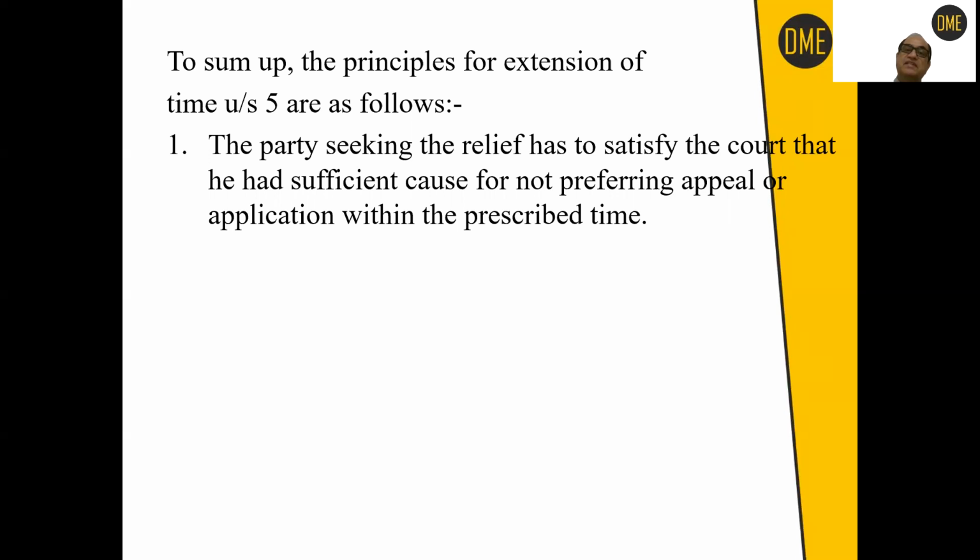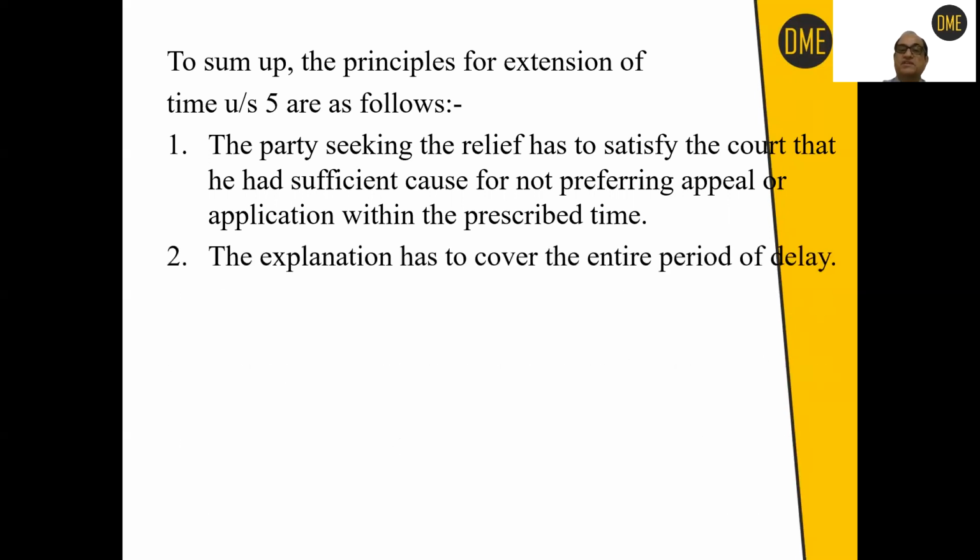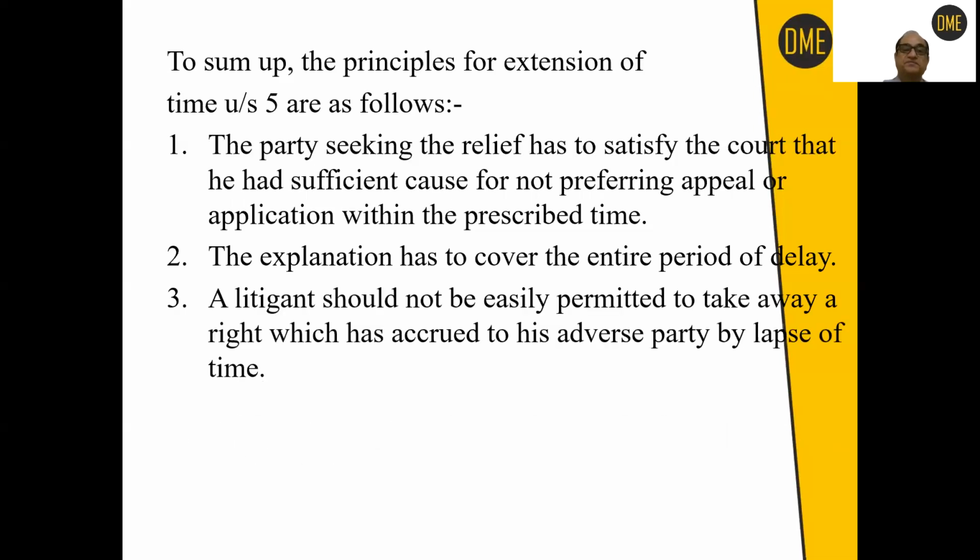Number one, the party seeking the relief has to satisfy the court that he had sufficient cause for not preferring the appeal or application within the prescribed time. This is the first condition. Second is that this explanation has to cover the entire period of delay. Entire period of delay has to be explained day to day.